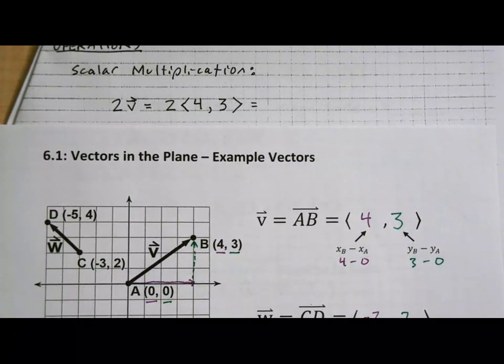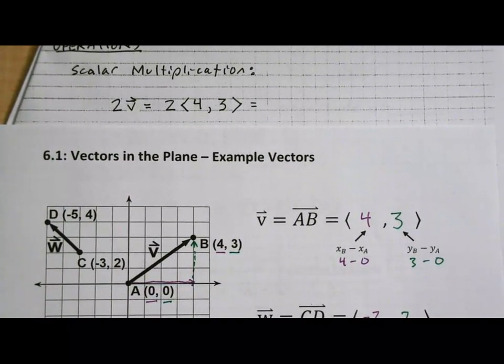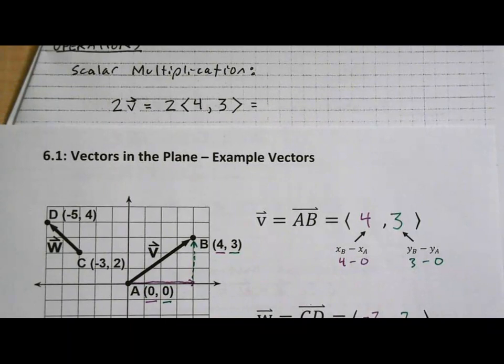You can multiply a vector times a scalar, which we're doing here.